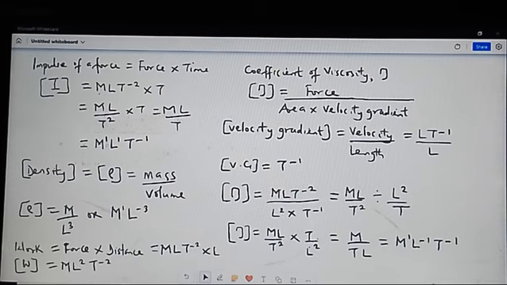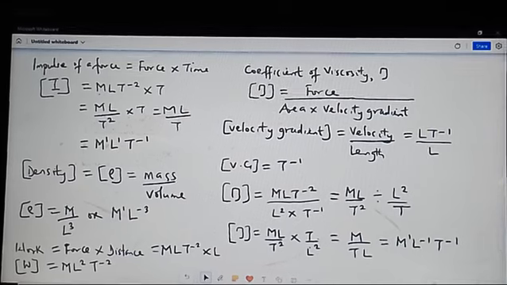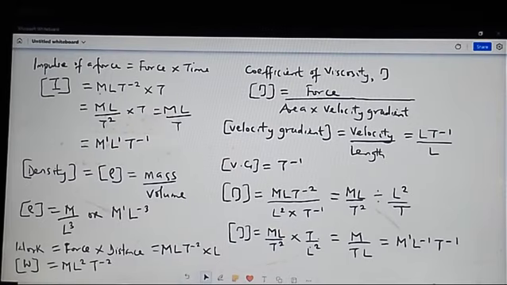We are going to look at another formula to also express the dimension of coefficient of viscosity. So let's move on. I'm going to wipe this off, then we proceed.